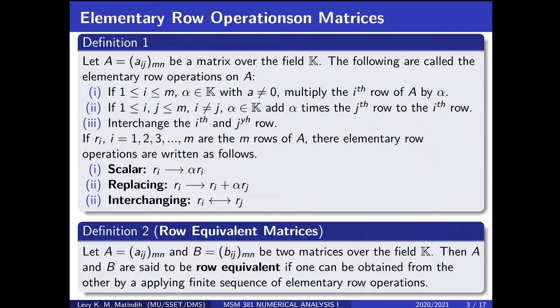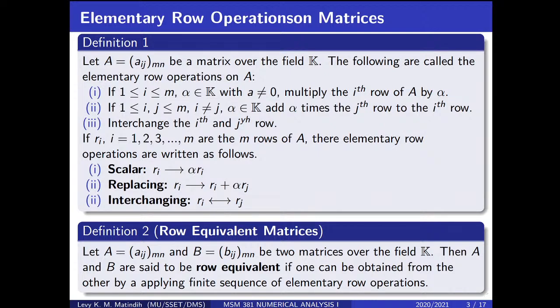Now the other one is number 2. If 1 is less than or equal to i, j, which is less than or equal to m, then i is not equal to j. So the ith row is not equal to the jth row, and alpha is some constant.